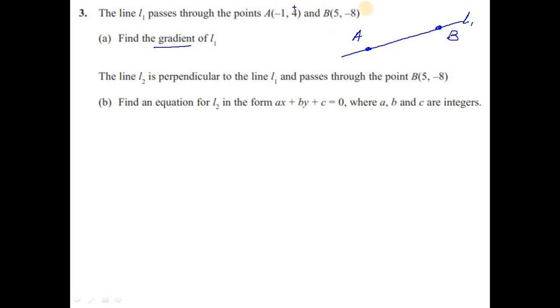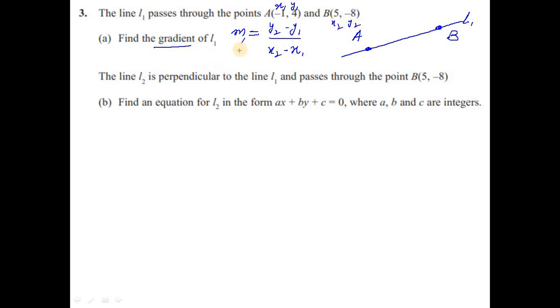You are given 2 points, you need to find the gradient, and from 2 points the gradient m is equal to, or I'm calling it m1 because it's the line L1, so m1 is equal to y2 minus y1 divided by x2 minus x1. This is your x1 and y1, this is your x2 and y2.